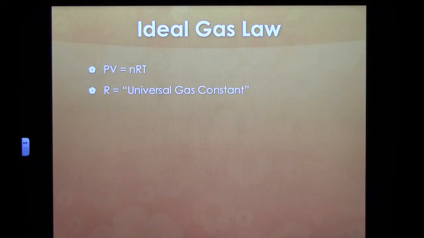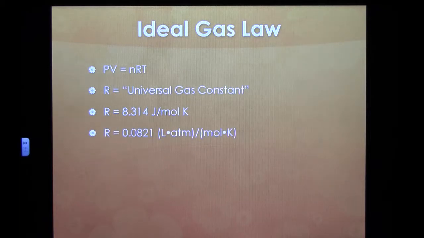The first value, which is the most common, is 8.314 joules per mole Kelvin. There's also another value for R, which is 0.0821. However, the reason there's a different value is because the units are different.